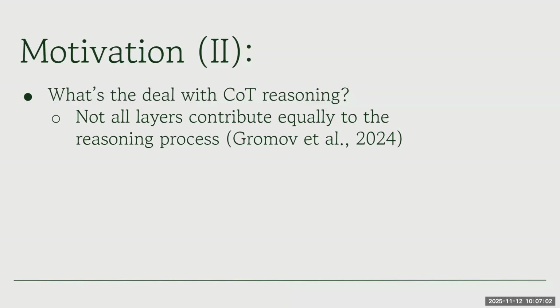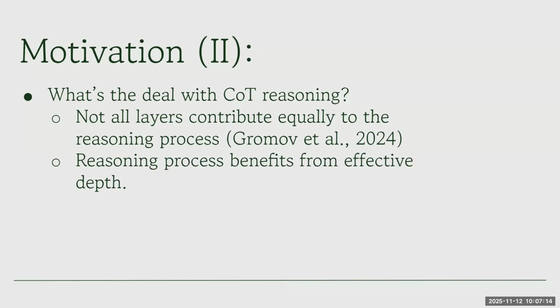This was a very interesting paper that I skimmed through that made this point. In the original paper, there are a bunch of other references. But basically, not every layer contributes equally to the reasoning process. But on the other side, the reasoning process itself benefits from effective depth.